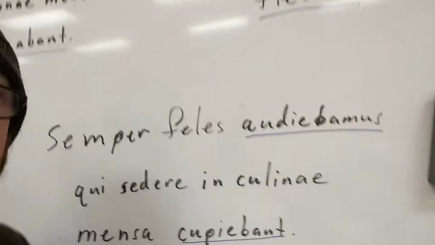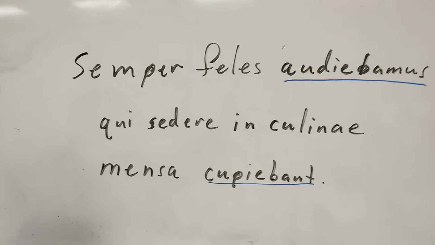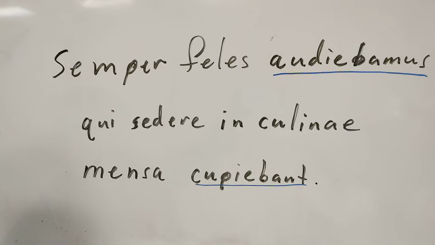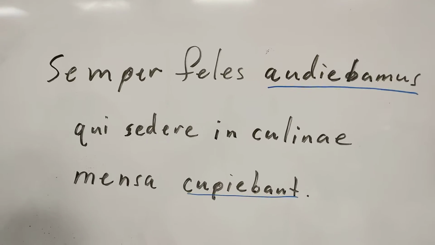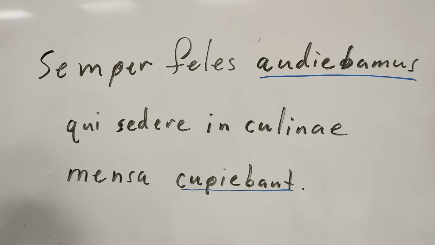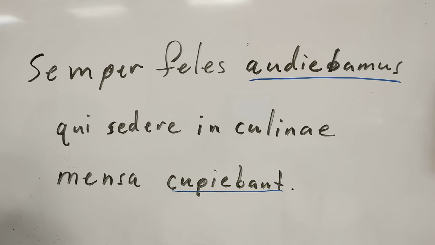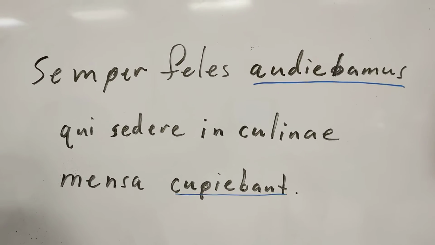And if you want to see just one more example, it says there that always we were listening to the cats, or for the cats, who were desiring to sit on the kitchen table. And you can see I've got my first person imperfect, audiebamus, we were listening. My third person plural, cupiebant, they were desiring.